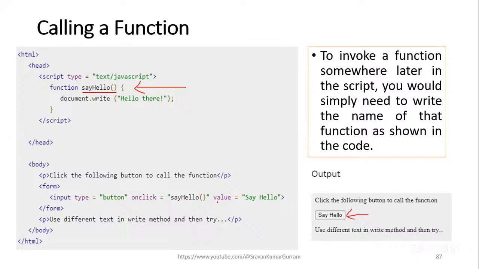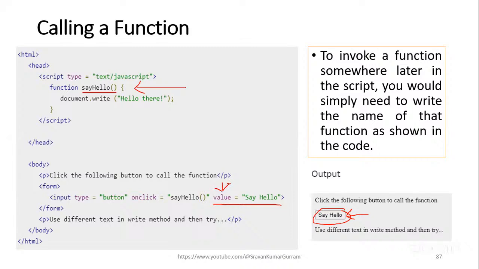Okay. Then value equals say hello. What is the meaning of this? The value attribute is used to print the text on the button. If you observe the button, on the button we have the text say hello, right? So value is an attribute that is used to print the text on the button.